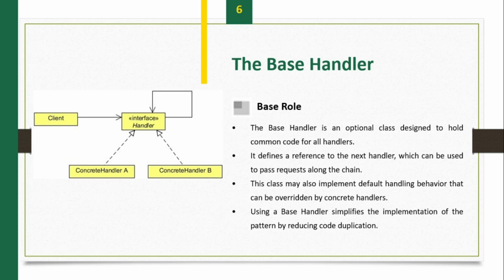This reference enables each handler to delegate requests to the next handler in the sequence, if it cannot handle the request itself. Additionally, the base handler may implement default handling behavior for requests, which concrete handlers can choose to override as needed. By providing a base class with shared functionality, the implementation of the pattern becomes more straightforward and less prone to code duplication.